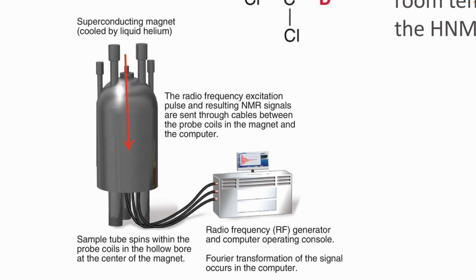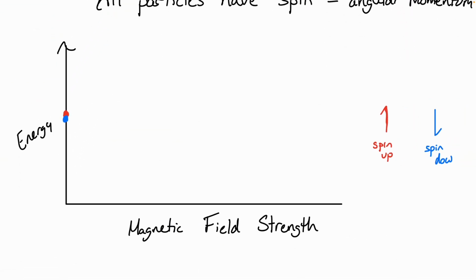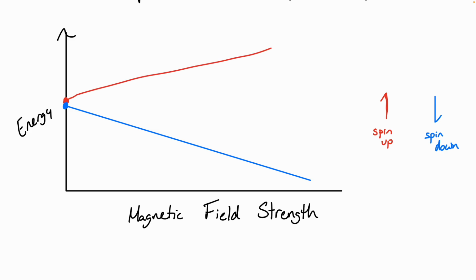Okay? They're kind of a pain in the butt. Sometimes they have to have special rooms. You can't bring your credit cards or your phone in there, or it messes everything up. Nowadays, they've gotten some cute little tabletop ones. But anyways, bottom line is a big component of NMR is this big giant magnet. And the reason that they do that is because that will change the energy, where now my spin down are lower energy and my spin up are higher energy.